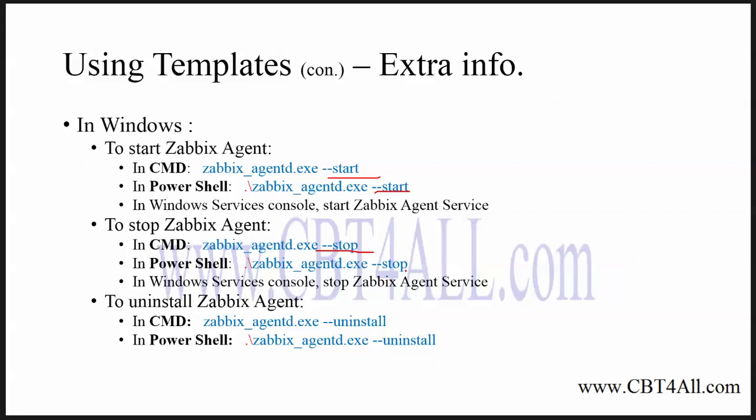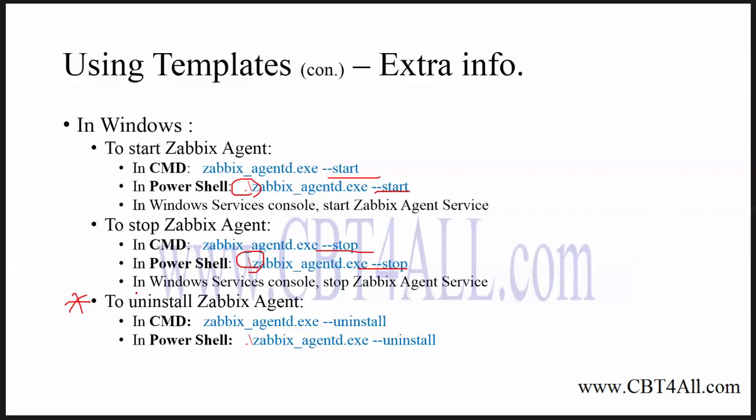For stopping the service, you can use these commands. Don't forget the / before the command if you want to use PowerShell. And of course, the only way to uninstall the Zabbix agent on a Windows machine at the moment is these two.